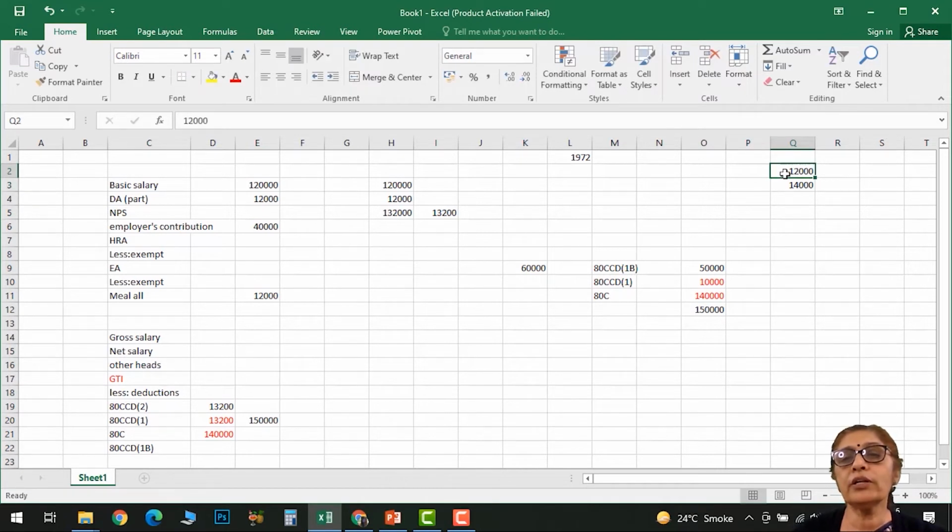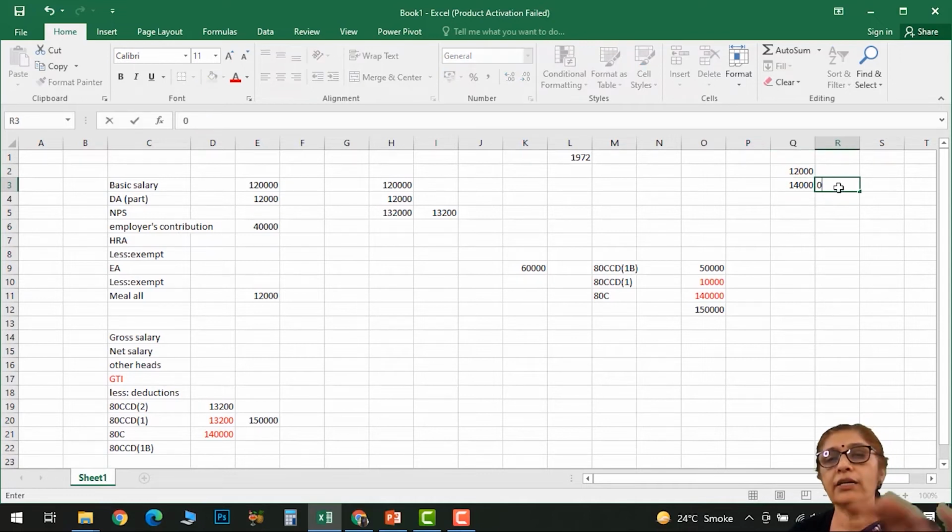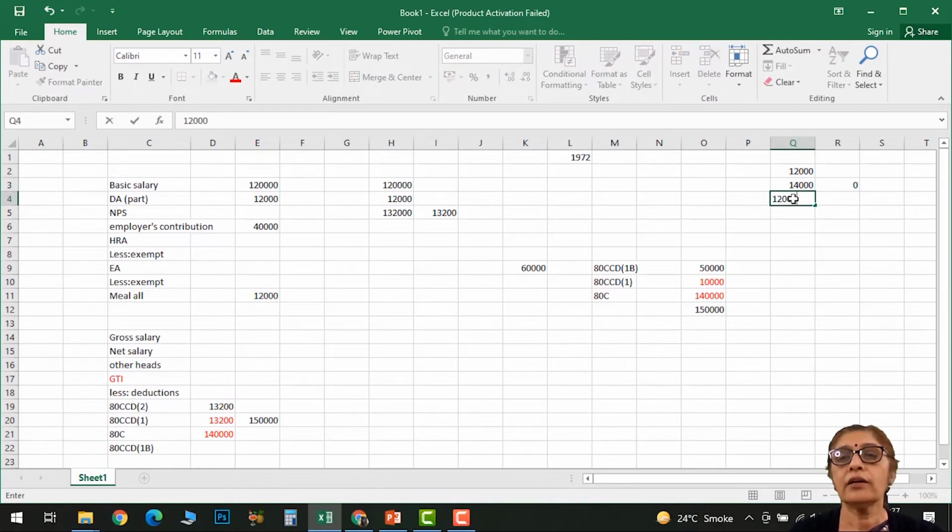So I'm getting 12,000, but I'm spending 14,000. So will my entire education allowance be exempt from tax? No. Why? Because here exemption is a fixed amount. You spend more, you get an exemption of a fixed amount, and that is 100 rupees. Just a meager 100 rupees per month is exempt on account of education allowance.